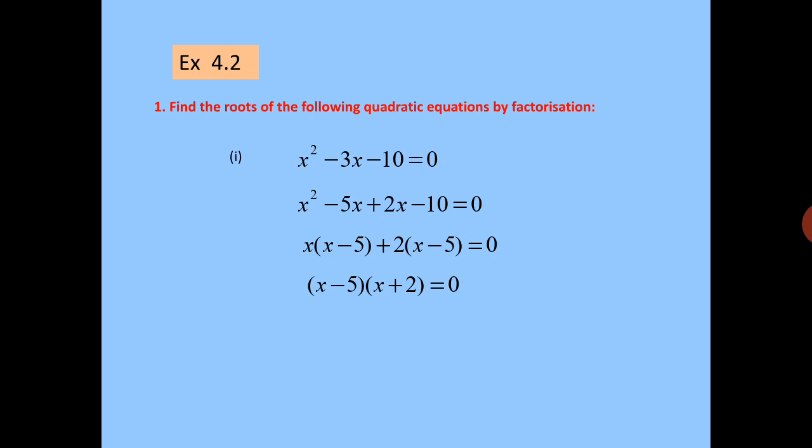So we write it as x minus 5 equal to 0 or x plus 2 equal to 0. But we can simplify it further. So we can say that x equal to 5 or x equal to minus 2. Now children, when you substitute these two values in the given equation, you will see that when you solve it, you will get the answer as 0.